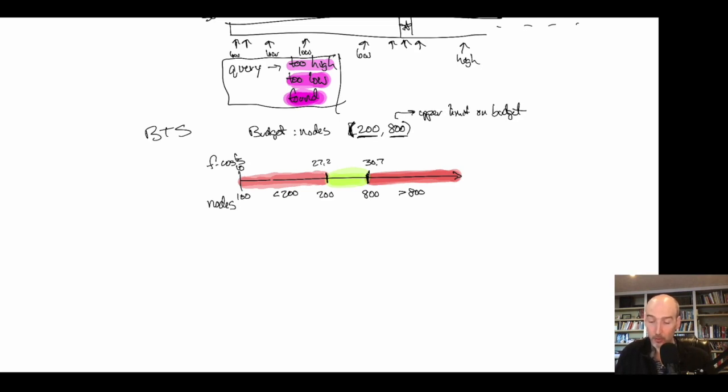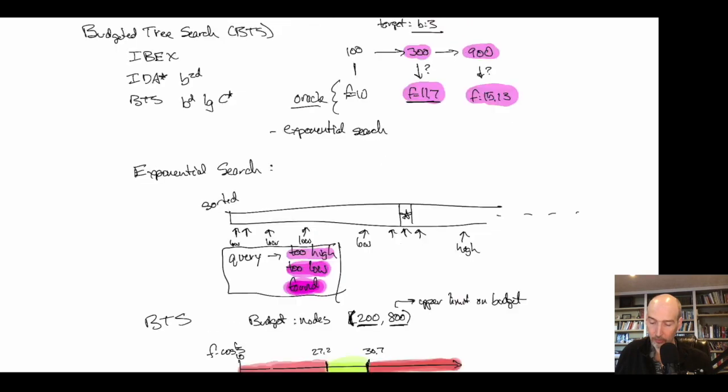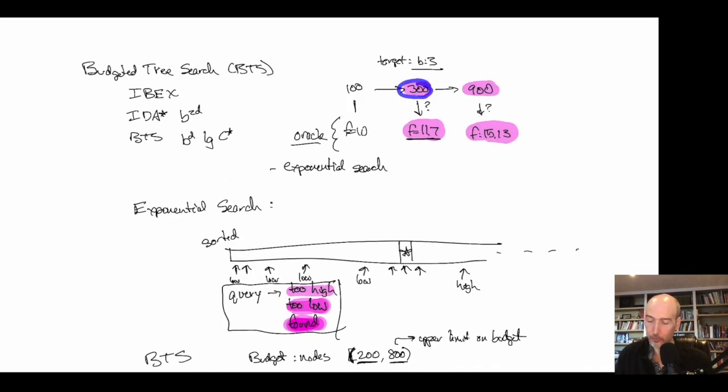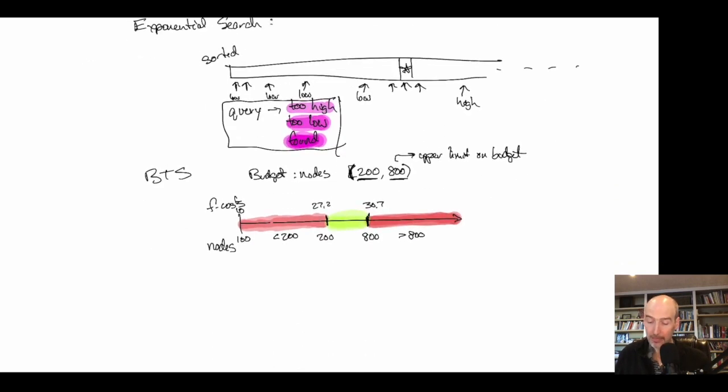I've got the number of nodes on the bottom, but I don't necessarily know how the F cost is going to change on the top. And so again, going back up here, I want this mapping. Well, for 300 nodes, what's actually the F cost that gives me 300 nodes? I don't know. Because we could have ranges here where the F cost changes very, very quickly, and we could have other ranges where the F cost changes very slowly. But what's important actually is that as I increase the F cost, the number of nodes is monotonically increasing.